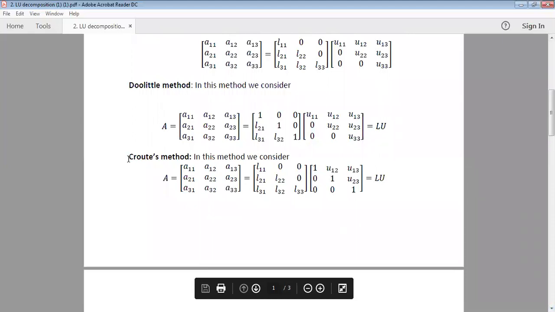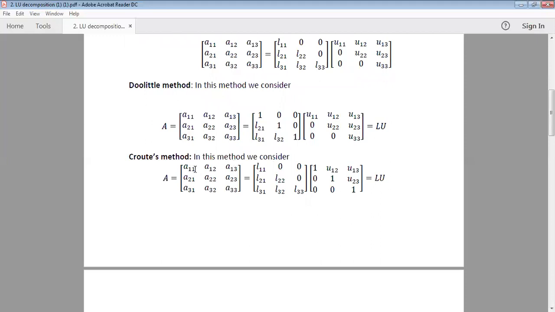Now, Crout's method. In this method, we consider A equal to A11, A12, A13, A21, A22, A23, A31, A32, A33, that equals L11, 0, 0, L21, L22, 0, L31, L32, L33. Now we are writing the upper triangular matrix 1, U12, U13, 0, 1, U23, 0, 0, 1.